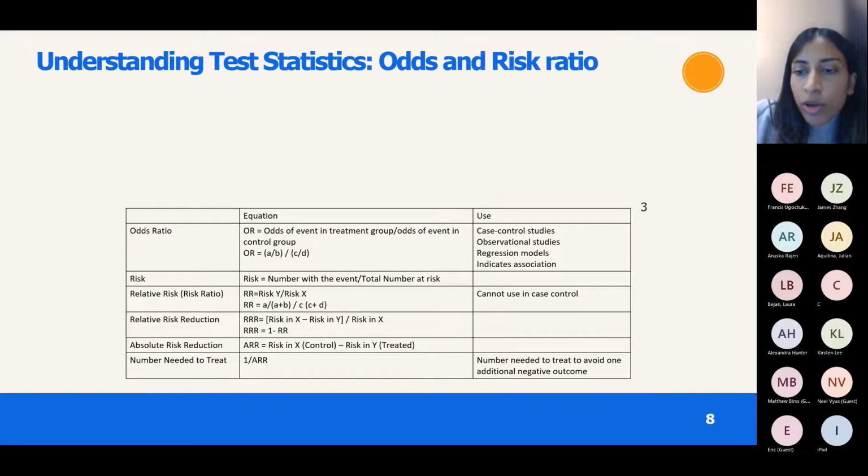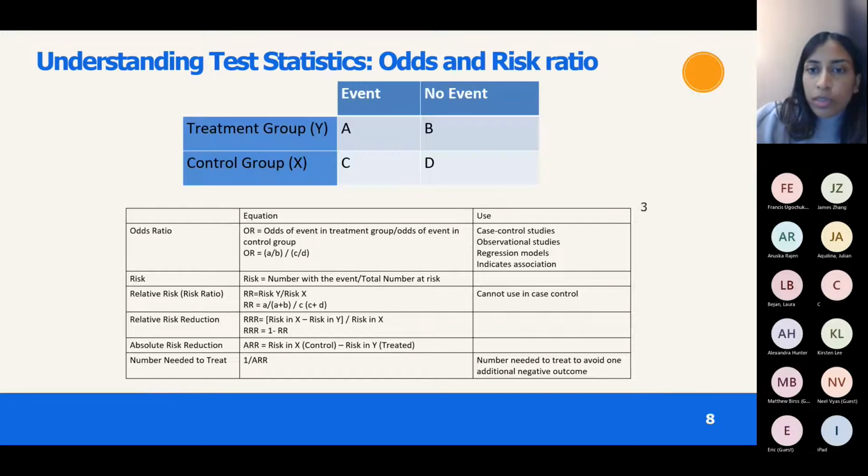This is where you often don't know the prevalence of a condition, and therefore that's why it's used in case control. Risk, however, is like the risk in a treatment group, which, if we look at this table, would be the group A, so the event in the treatment group, over A plus B.